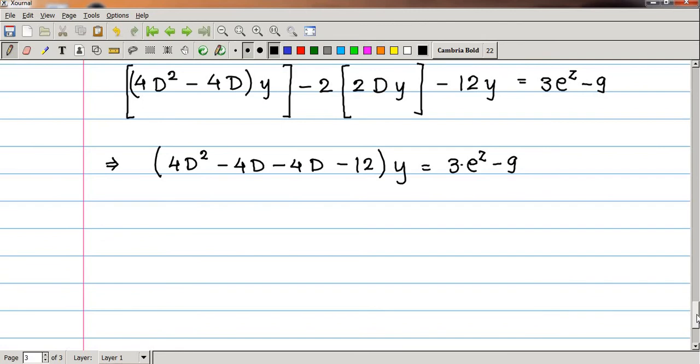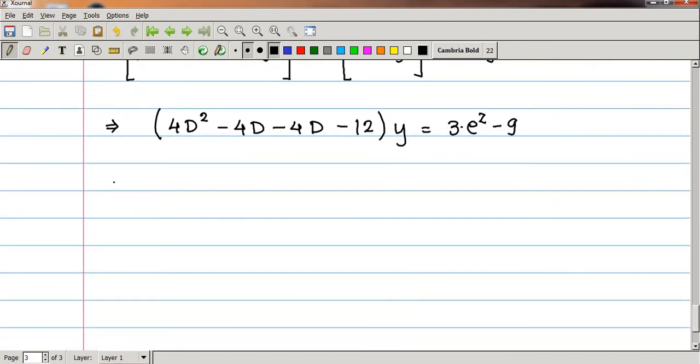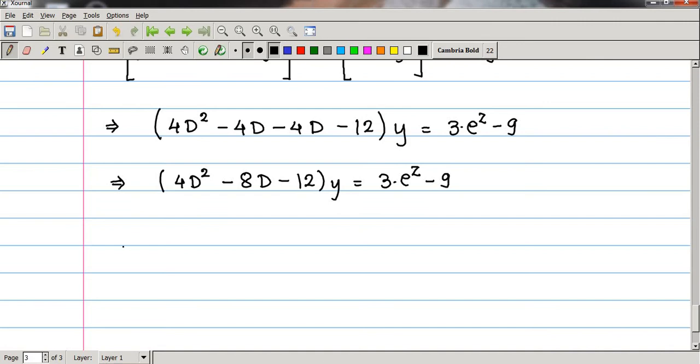Please check my calculations. This implies 4D² − 8D − 12 operating on y is equal to 3e^z − 9. We can simplify by taking 4 common.